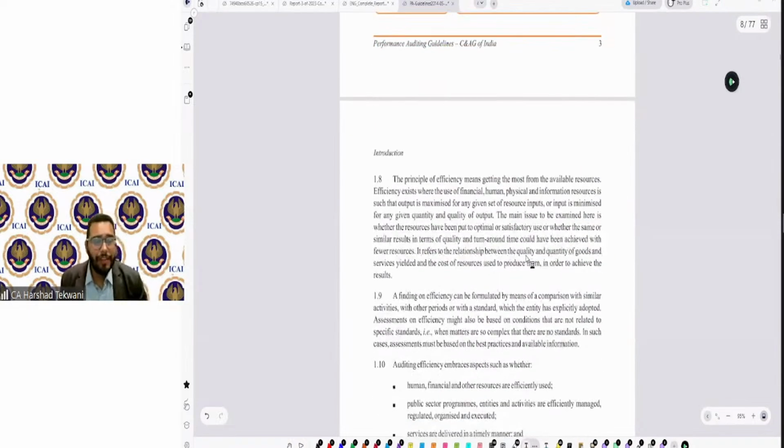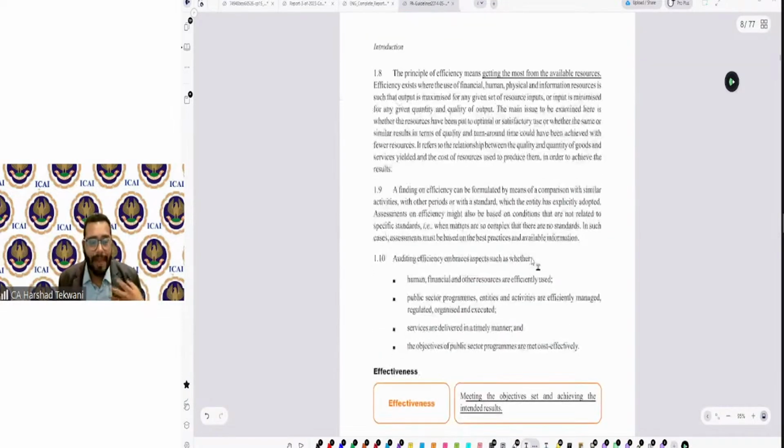When I talk about efficiency, efficiency means getting the most from the available resources. Whether the output that you are getting by utilizing whatever resources you have is the optimum level of output, meaning I am getting the maximum I am able to get.